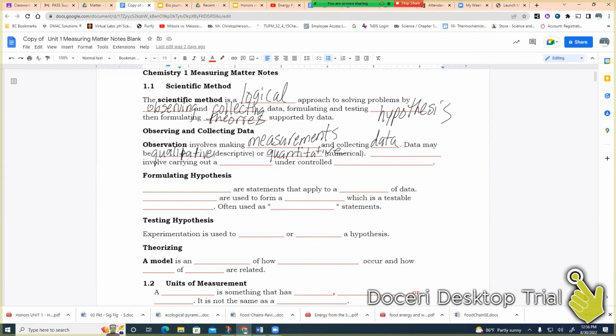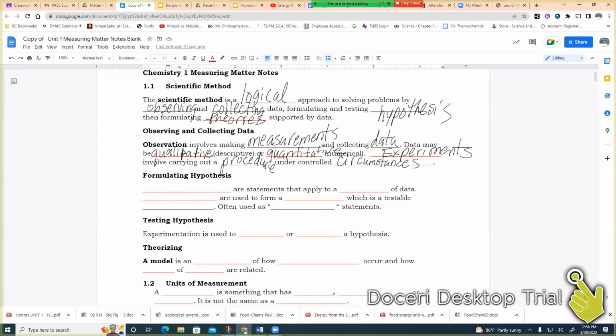Let's see that here. Experiments involve carrying out a procedure under controlled circumstances. So once again, I know y'all have had this before, but if you're carrying out experiments, they have to be controlled.